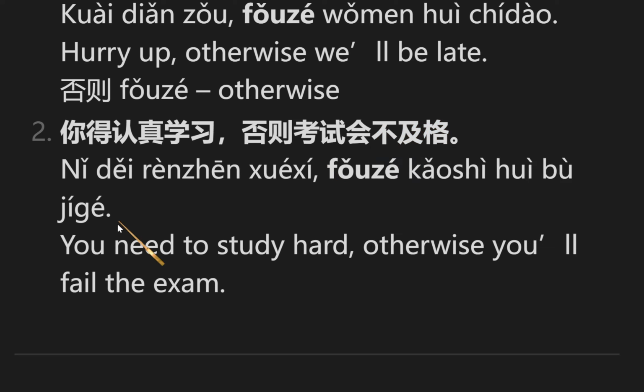Let's read again. You need to study hard, otherwise you will fail the exam. 你得认真学习，否则考试会不及格。The exam will not be qualified. Exam will not be.